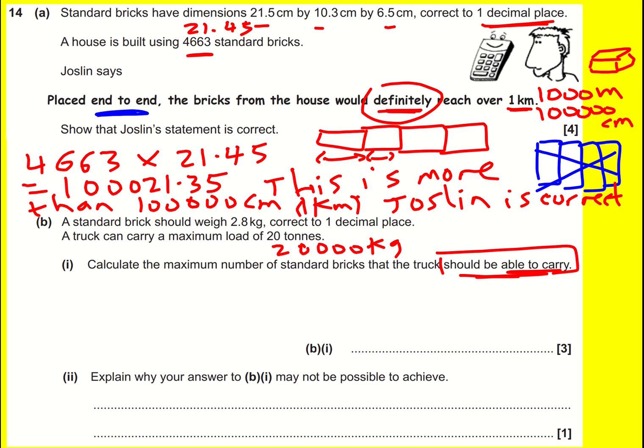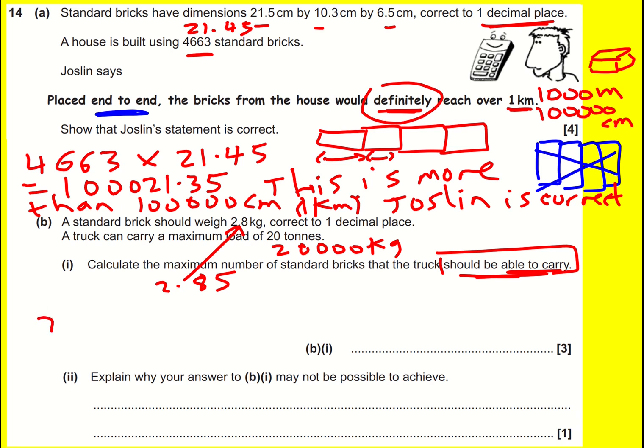So actually we are going to use the upper bound of this 2.8, which is 2.85. Yeah, I think this is quite a confusingly worded question, but it's like we need to be safe, basically. We don't want the truck to break, and so it's the maximum number of bricks that the truck should be able to carry. So if we use the upper bound, we can be sure that it can carry those.